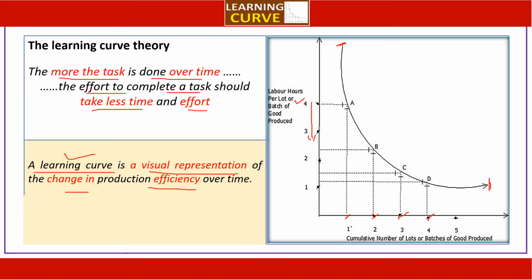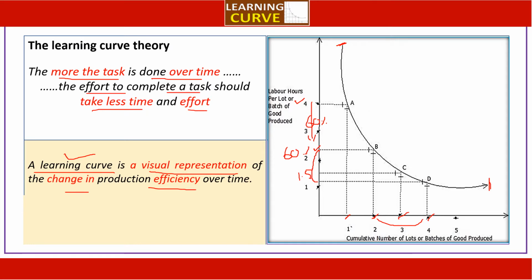When it doubles to 2 units, your average time taken per unit will come down from 4 to say 2.4, say 60% of it. And when you move from 2 to 4, the average will come down from 2.4 to say 1.5. Once again, it may be 60% of whatever we are doing at the 2 units level.